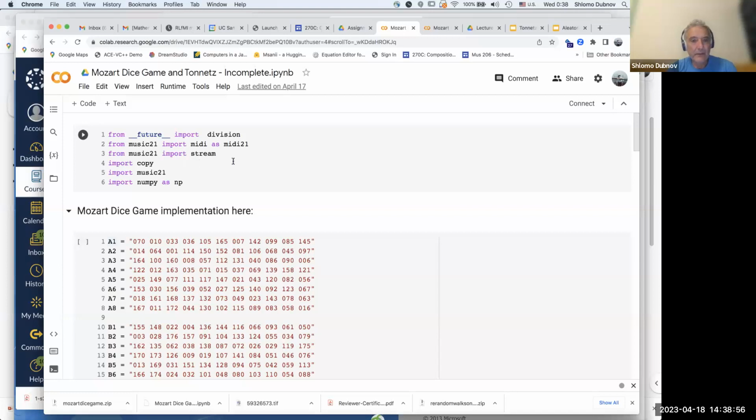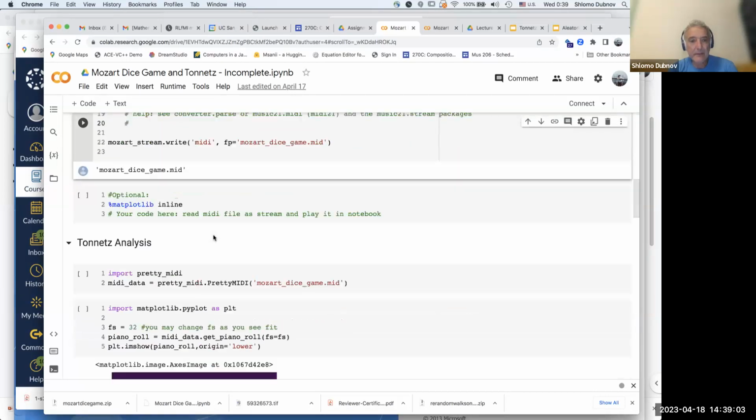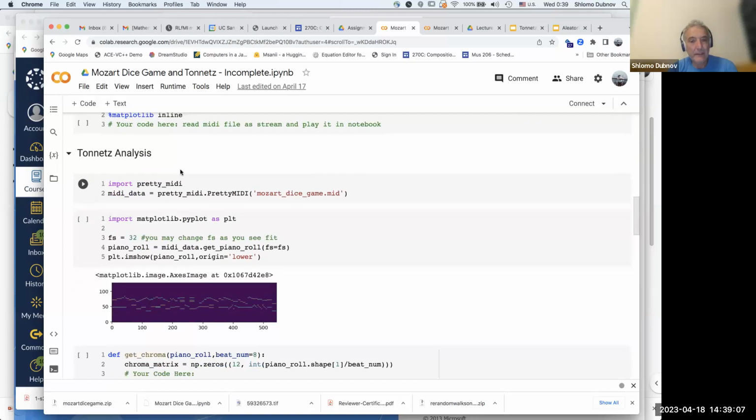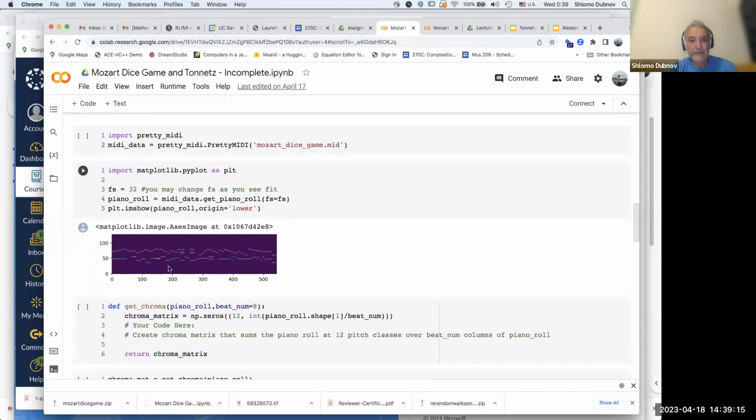Actually, we don't need the copy here, we're not doing any deep copies, but that's the first part. And for the second part, we are using another MIDI package called Pretty MIDI, just because it's much easier to handle some aspects of music by thinking about this as a piano roll.